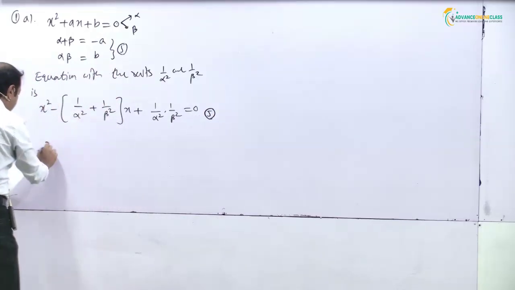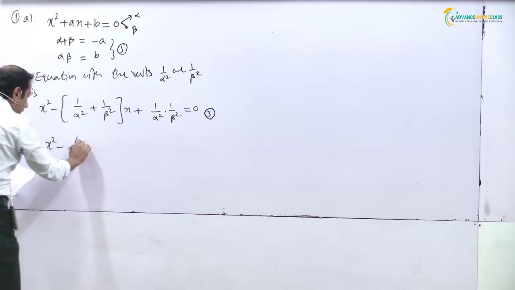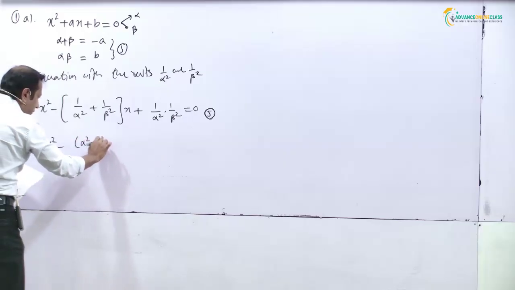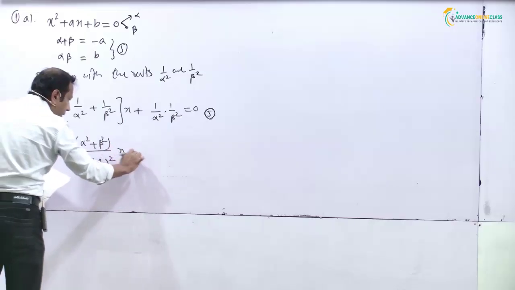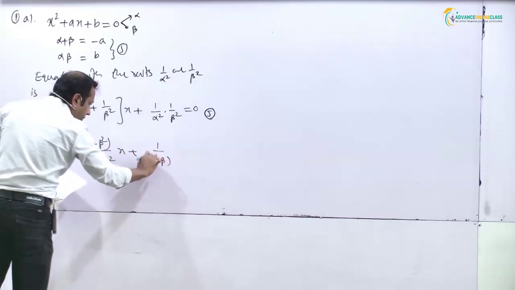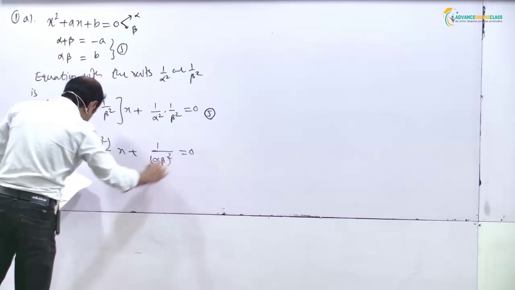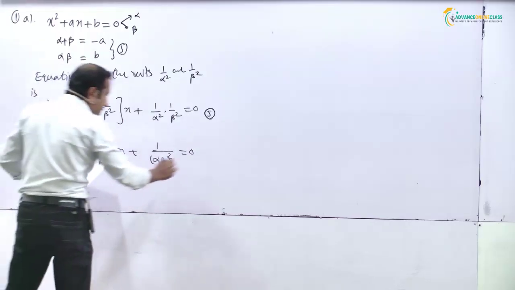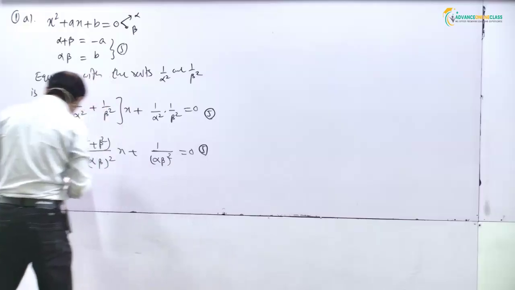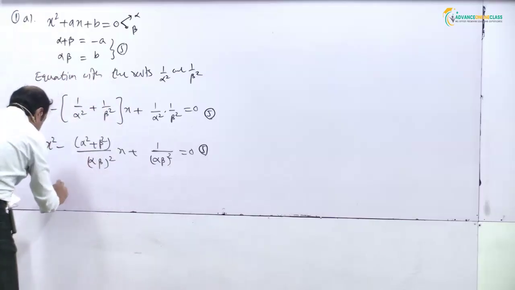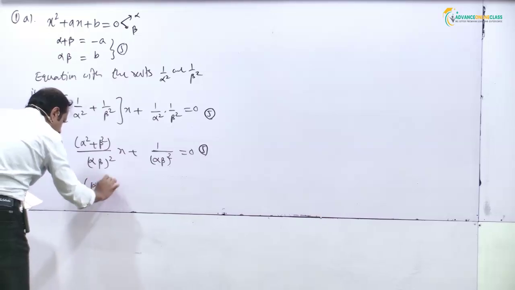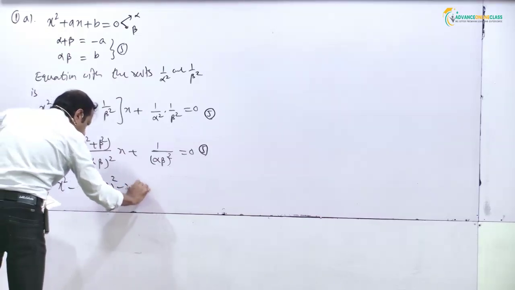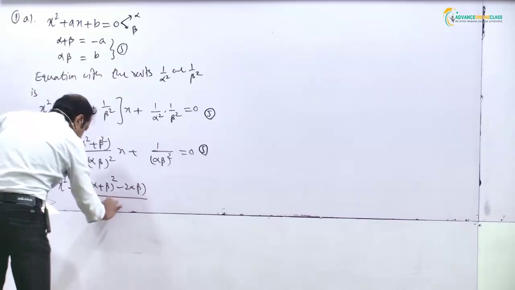And here we can simplify: alpha squared plus beta squared in the numerator, and in the denominator alpha beta perfect squared, equals 0. That also you get another 5 marks. This question is a little bit shorter, therefore more marks come into this part.